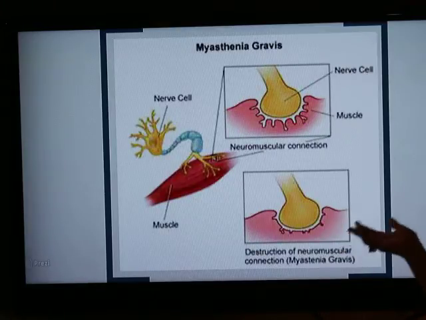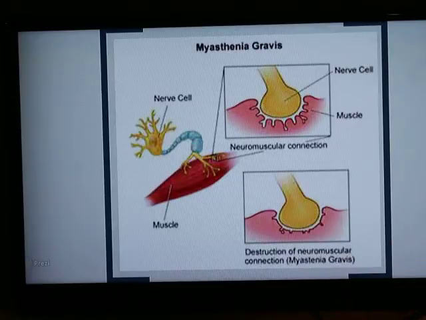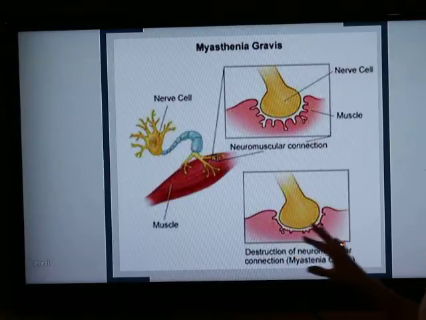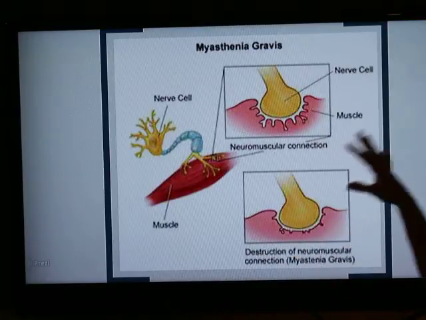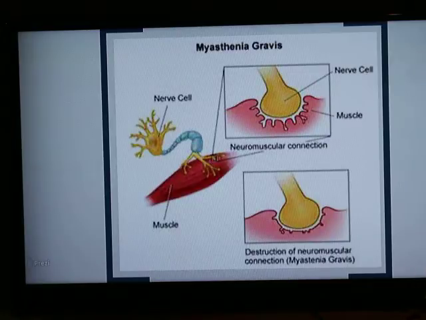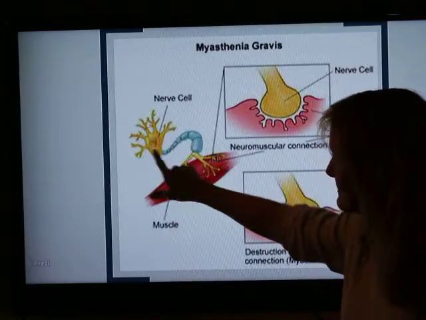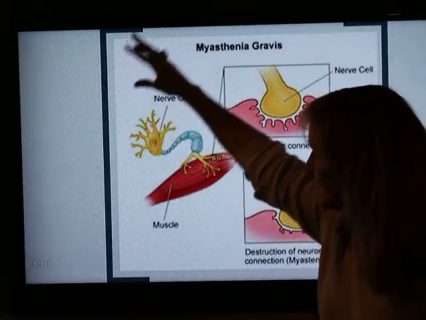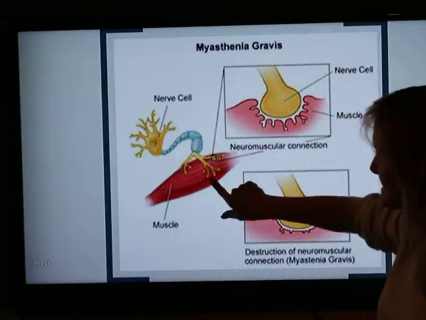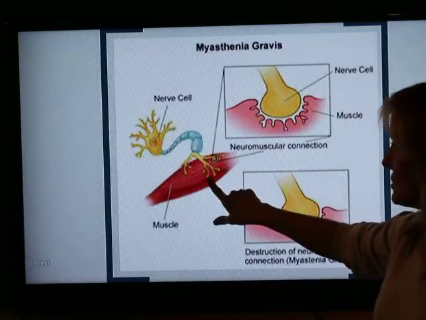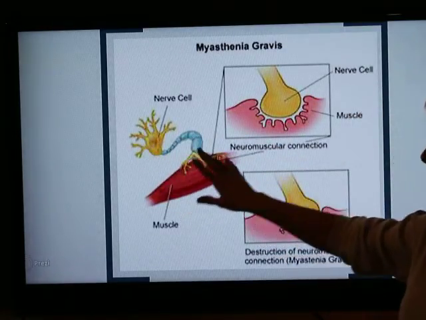Okay, this picture is not very clear, but this is an example of myasthenia gravis. Your book actually has a pretty good picture of myasthenia gravis. Myasthenia gravis is not as common as MS, so you're not going to see this a lot, but what happens in MS is you've got this same nerve cell coming up from the brain, trying to transmit through the nerve, and that part's fine with MG.